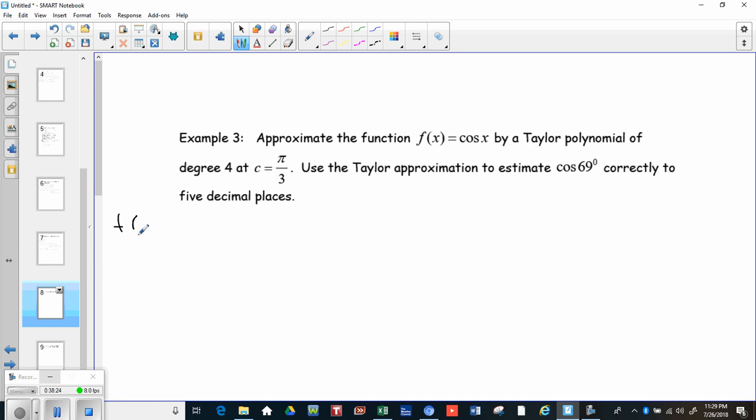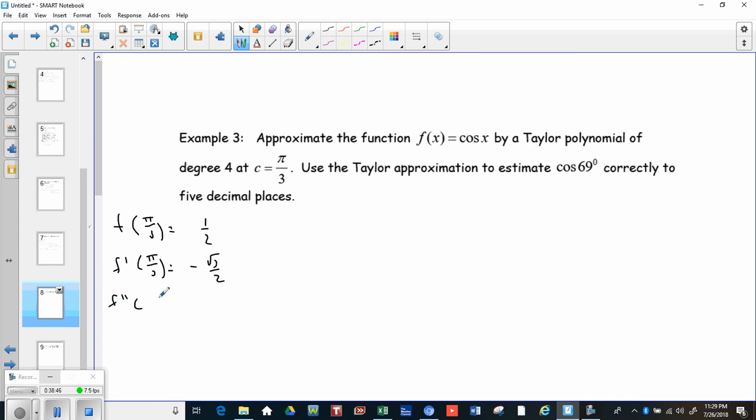So f of pi thirds, cosine of pi thirds is a half. F prime, which is negative sine of pi thirds. Sine of pi thirds is root 3 over 2, so the negative of that is negative root 3 over 2.